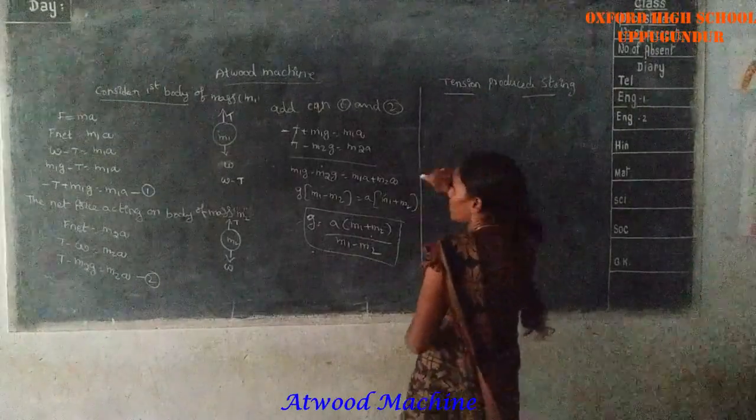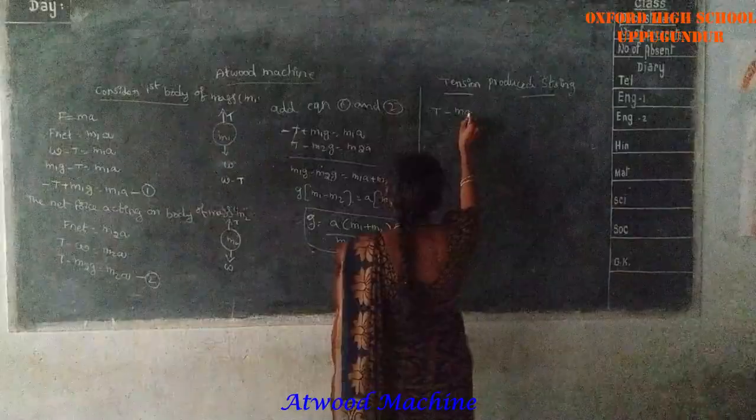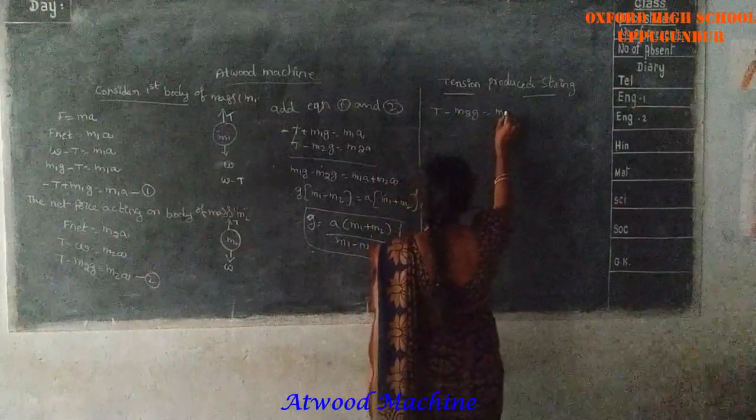See equation number 2: T minus M2G is equal to M2A.